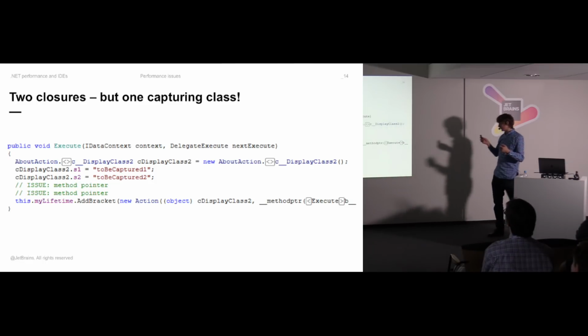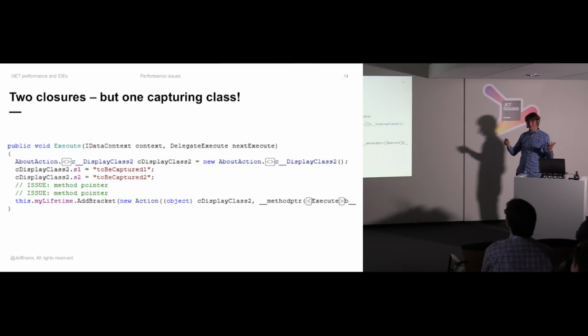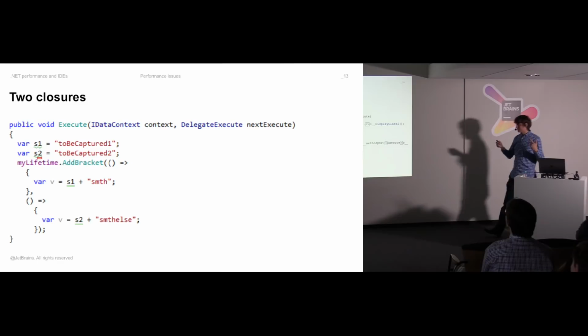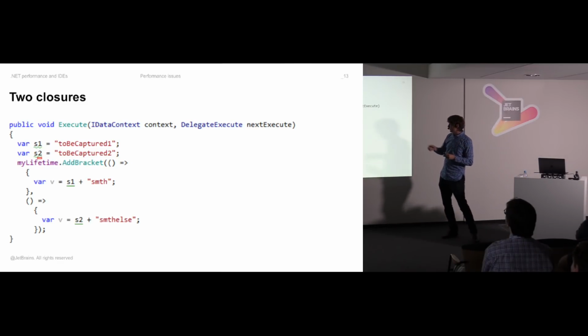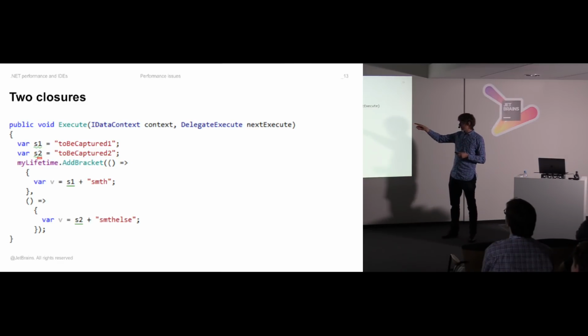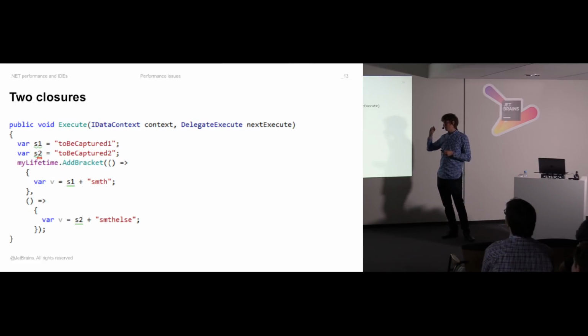But it turns out that it generates only 1 capturing class. Why does it matter? It matters because the first local variable S1 will be captured until the end of, let's say, your application, until my lifetime is terminated. So this memory will be held.